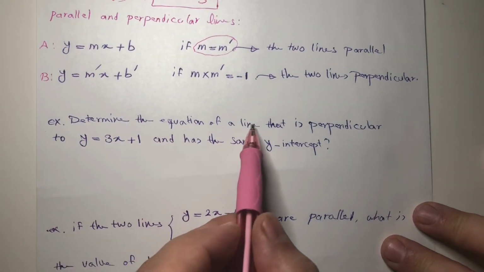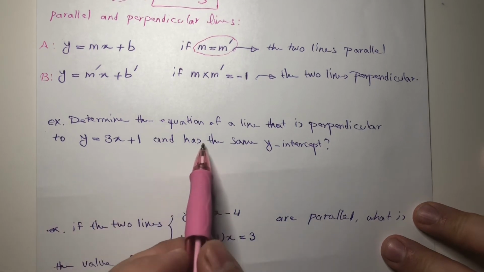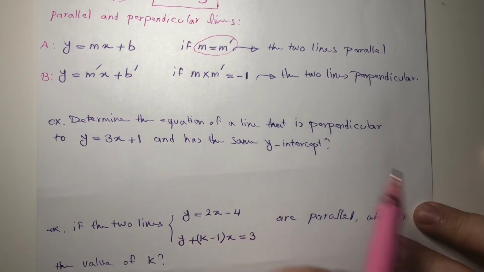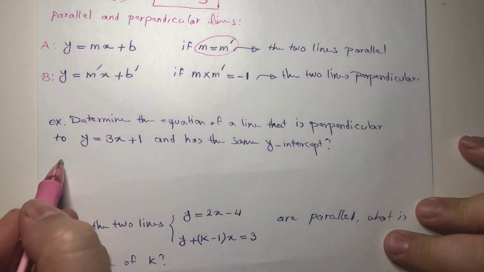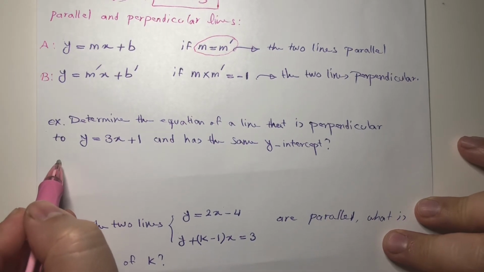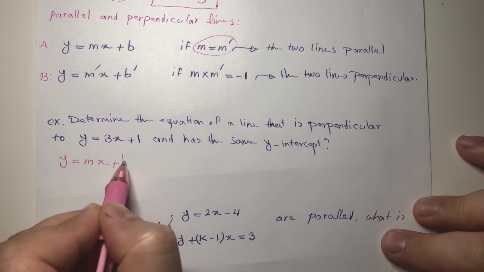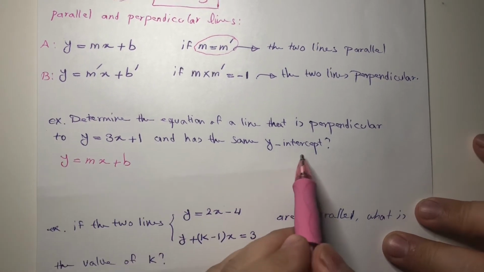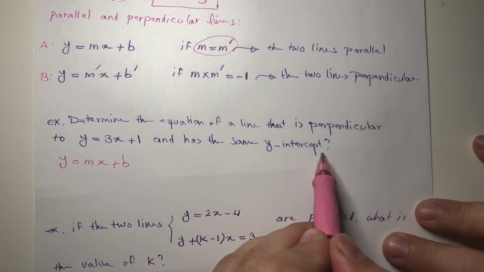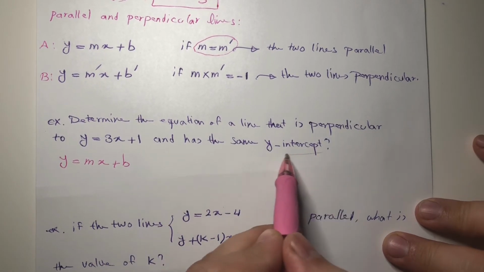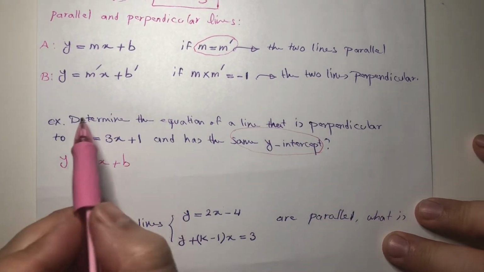Determine the equation of a line that is perpendicular to this line and has the same y-intercept. Okay, let's say the line that the question is asking for has the equation y equals mx plus b. First of all, here in the question it says that the new line should have the same y-intercept as this line.